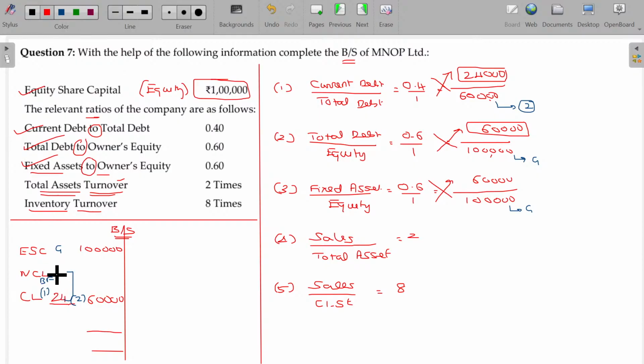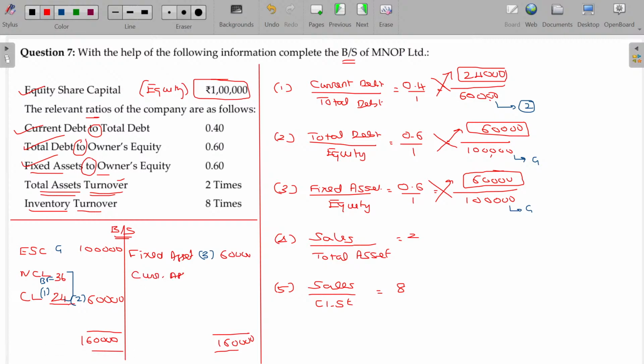Hope this gives clarity in your presentation. Fixed assets being 60,000, also calculated from working note number 3. You know that the total being 1,60,000, because all the items are posted, and after subtracting 60 the balance being current assets.